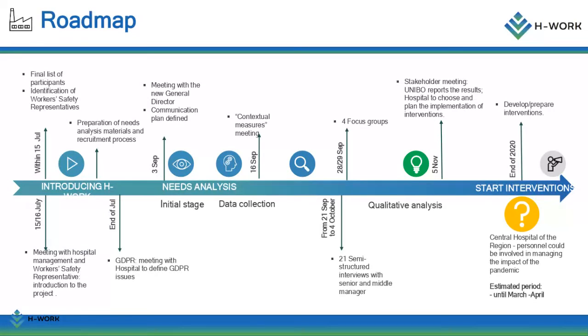Then on the 5th of November, there was the first stakeholder meeting that Carolyn also mentioned, where Unibo presented the results, and the hospital chose and planned the implementation of interventions. And last week on Thursday, they had the second stakeholder meeting where they fleshed out the interventions at the 4 levels.